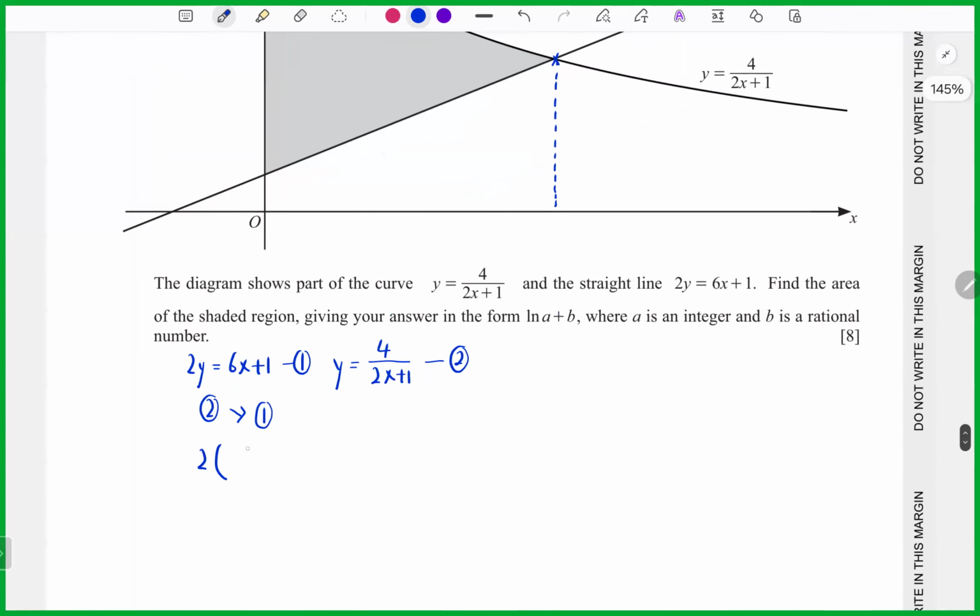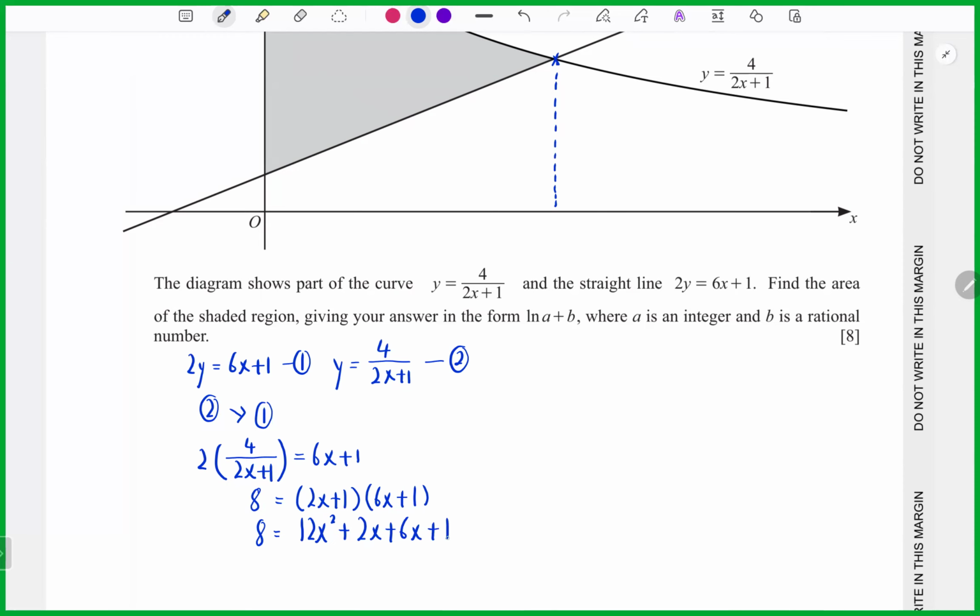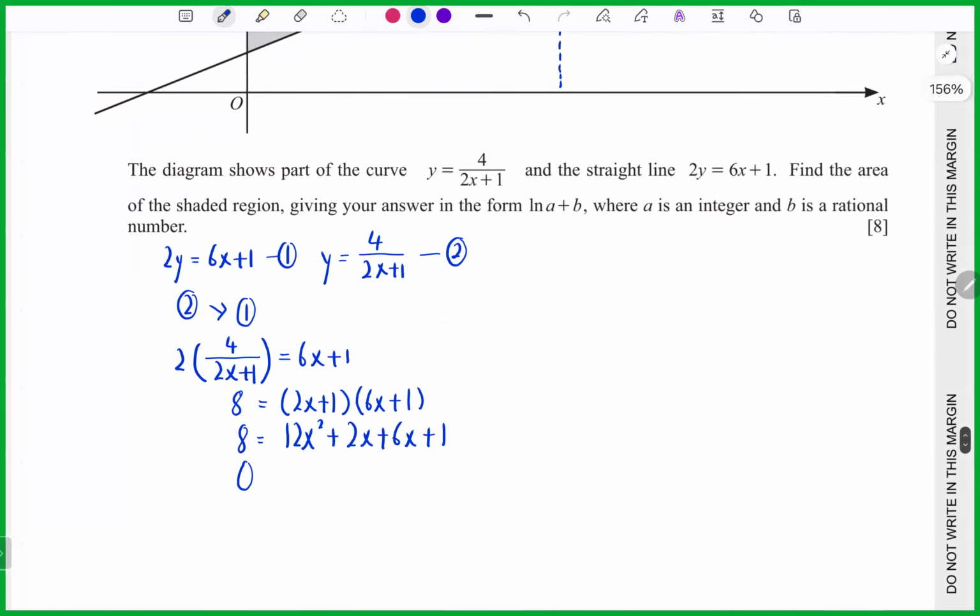So 2 times 4 over 2x plus 1 equals 6x plus 1. Okay, 8 equals bracket 2x plus 1 times 6x plus 1. Okay, 8 equals, here you will get 12x squared plus 2x plus 6x plus 1. 0 equals 12x squared plus 8x plus 1 minus 8, I will get 7 here.